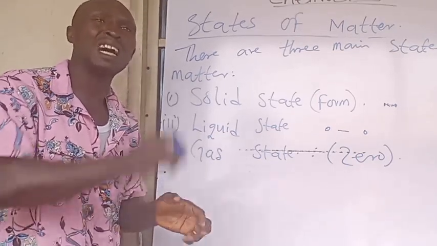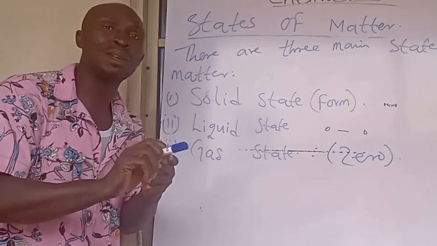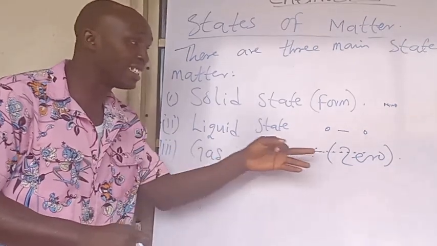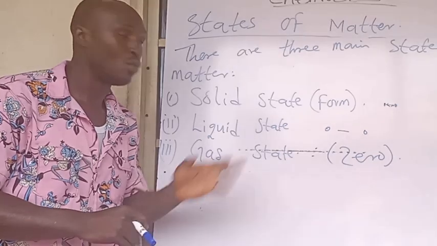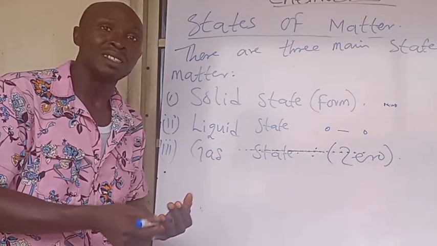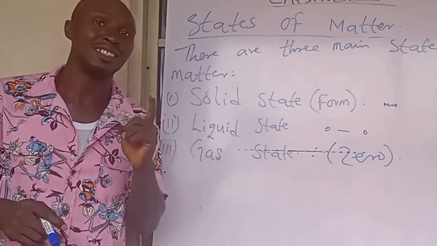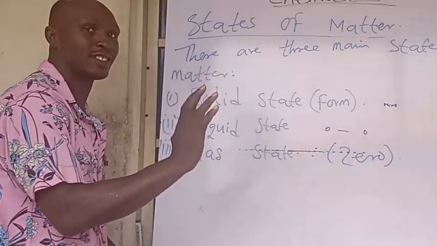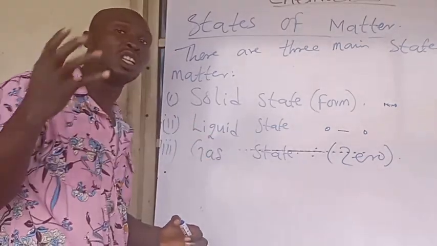That is why they are totally free to move from one place to another. Another thing is that they don't have a definite shape. What they do is take the shape of the container they find themselves in. They occupy the whole space of any container they find themselves in. That's the difference. Liquid does not occupy the whole space, only when you continue adding to the liquid.